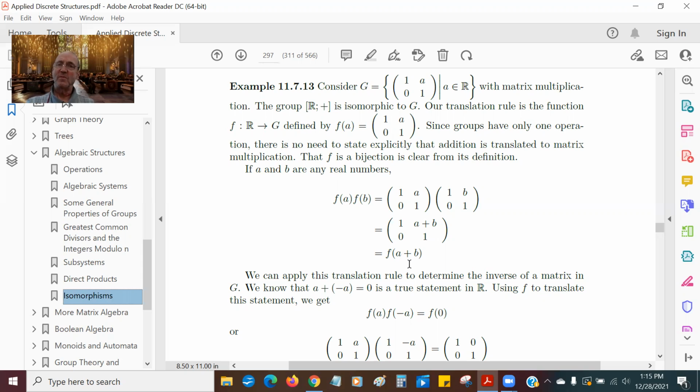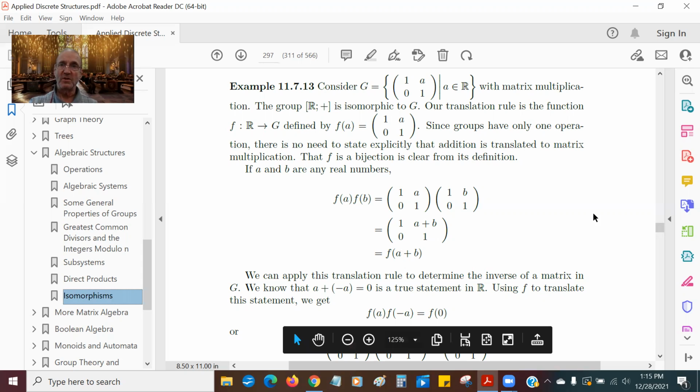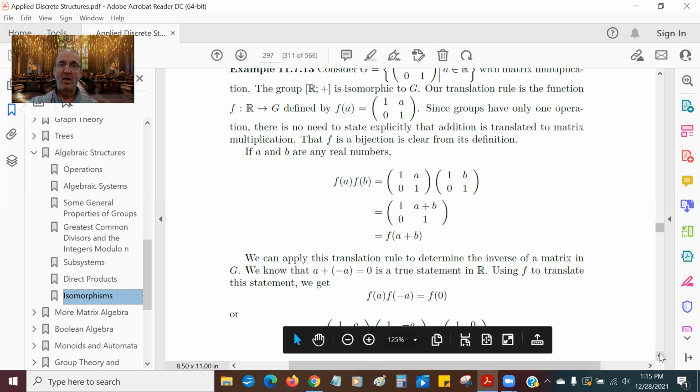What's going on over here? Well, it doesn't matter, because the operation in the group G is matrix multiplication and the operation in group R is addition. So these are just different operations. It's all good. That's my star 1 and my star 2, like we had in the definition.